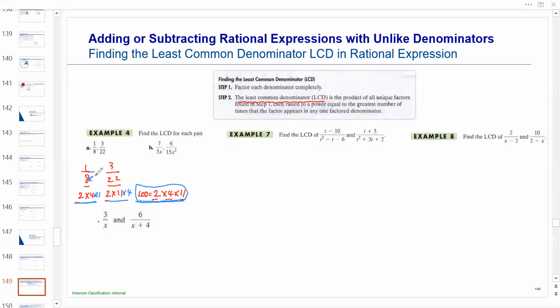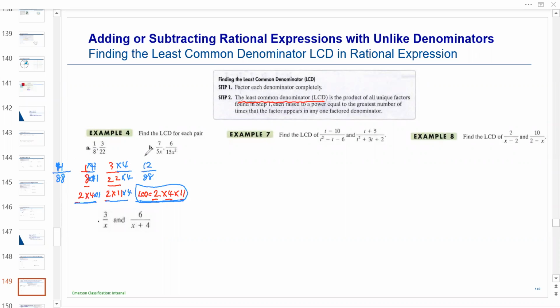So here you need a times 11. You need a times 4 here. Right? So right now you get 88, or you don't necessarily write 88. And here is 11 over 88. Here is 12 over 88. Right? So when you do the addition, they have the same denominator.